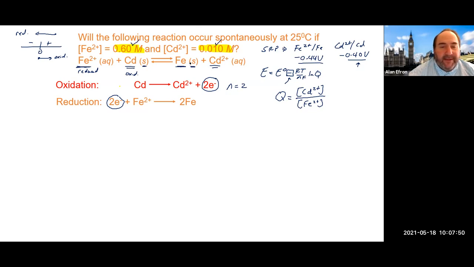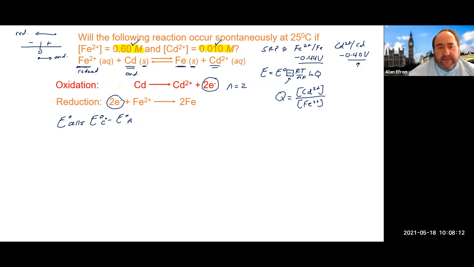All right, so we'll start with E of the cell. E of the cell is going to be our E of the cathode minus our E of the anode. Since I am subtracting, I am not going to change the sign of the anode value, because that's what the subtraction is there for.